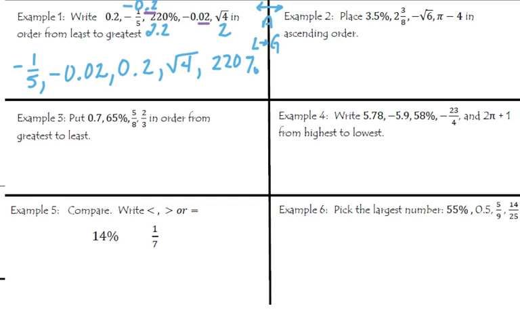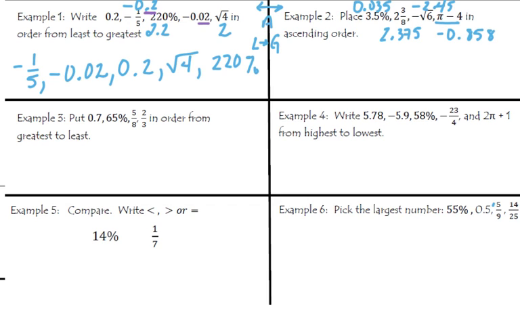All right, on example 2, we've got 3.5%, so that would be 0.035. 2 3/8 would be 2.375. The negative square root of 6 would be about -2.45, and then this is pi minus 4, so that's where that minus sign is different from that negative. So this would be -0.858.